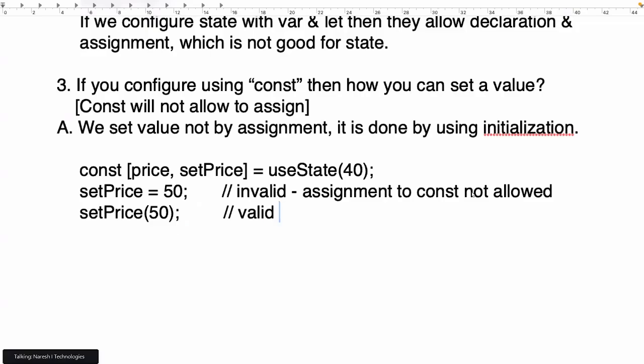What do the parentheses indicate? They allocate memory again, and in that memory you can pass in new data. That means you cannot assign, but you can initialize. If anyone asks how you will set into a constant, the answer is by initialization, not by assignment.